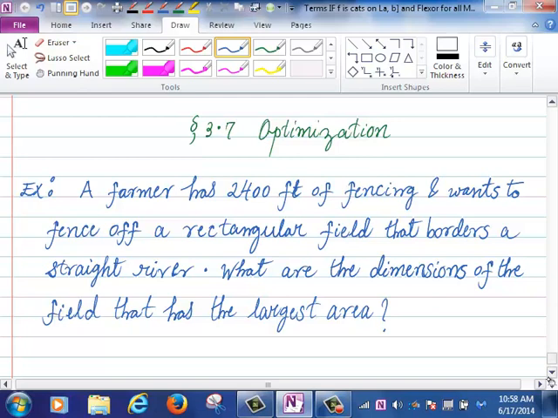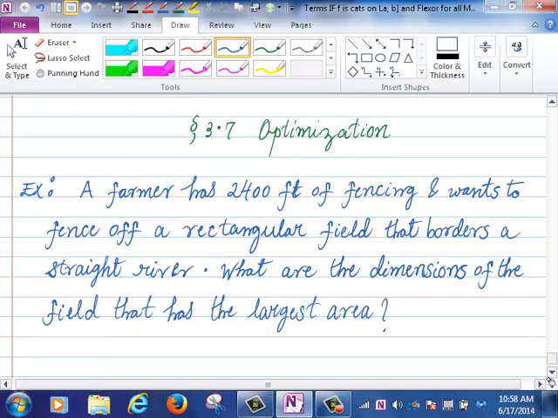And the question is, how should he pick the dimensions to have the maximum possible area? Am I making sense? In all these problems, you have limited resources and you want to maximize or minimize something given those limited resources.